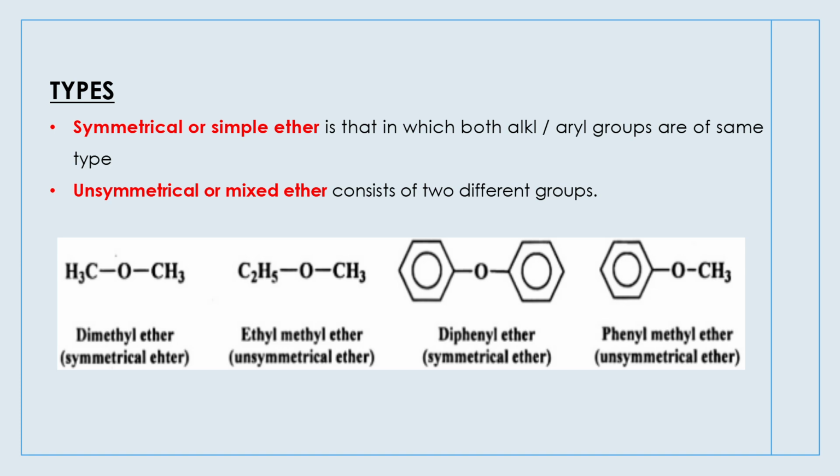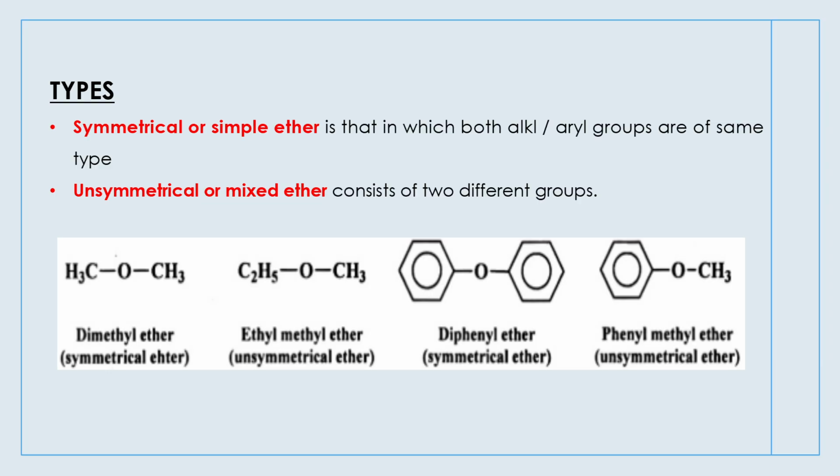In the first example, you can see that the functional group is ether and the alkyl group that is bonded to oxygen is methyl, as well as the second alkyl group is also methyl, which means you have the same alkyl group. Since the alkyl group is the same, it is the symmetrical ether, which is also known as the simple ether.